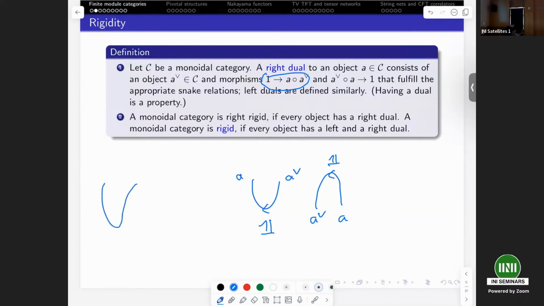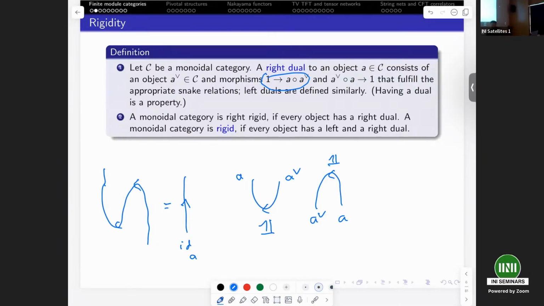So these are two relations. If you look at the composition of evaluation and coevaluation, then this is equal to the identity on the object A. And similarly, there's a second zigzag relation. And a monoidal category is right rigid if every object has a right dual, and it is rigid if every object has a left and a right dual.